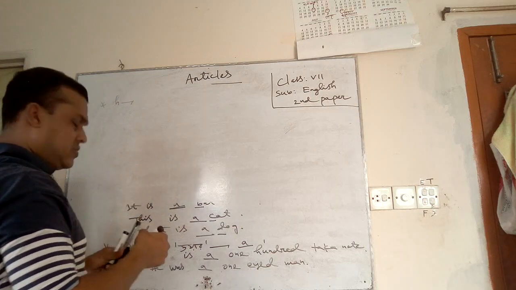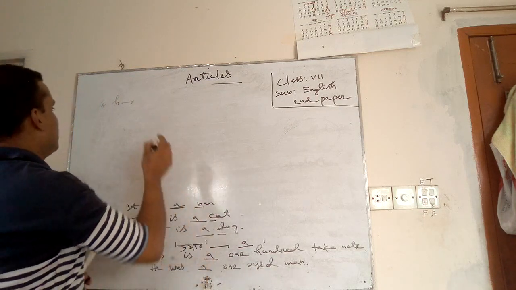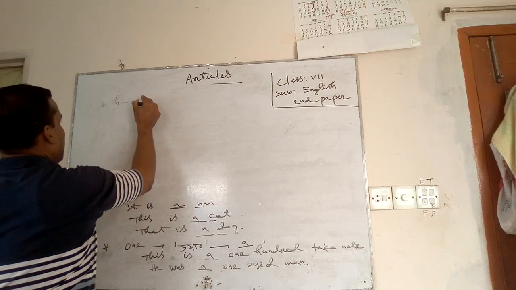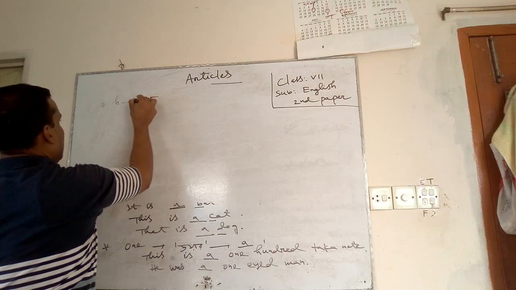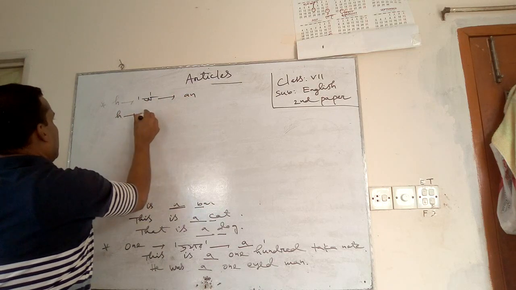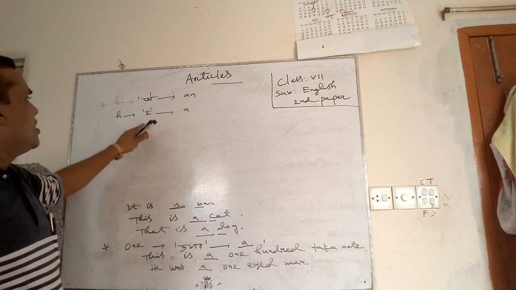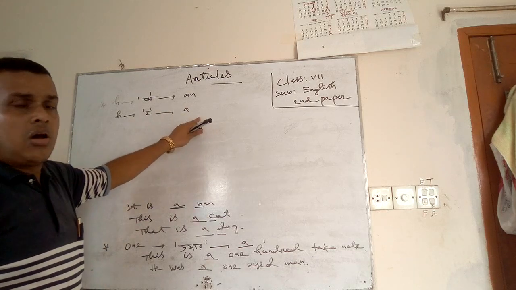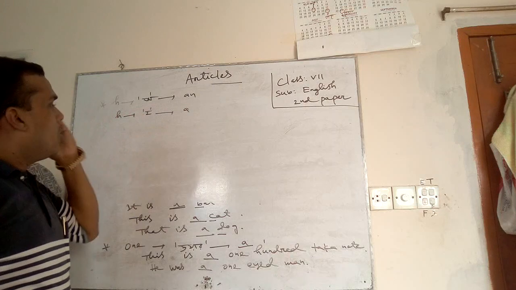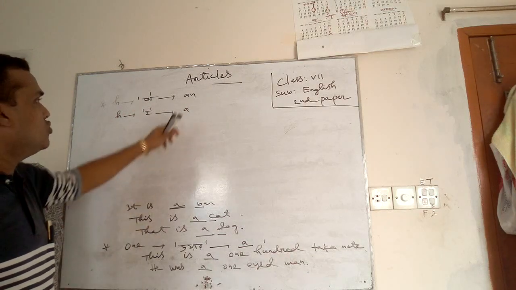If there is any word in which the h is silent, with the pronunciation of o, then you will use an.